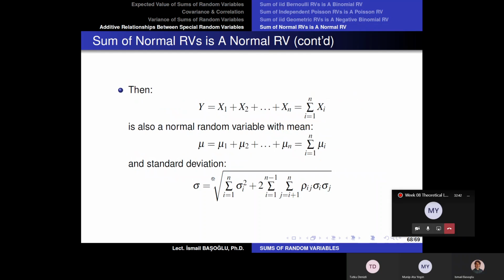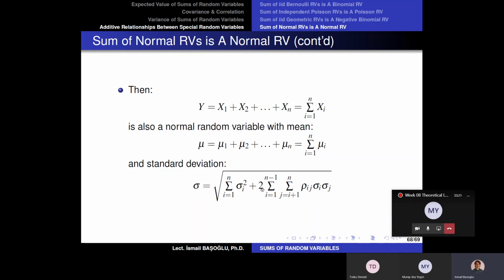And in that case, if we define Y as the sum of these normal random variables, then the location parameter of this sum is going to be equal to the sum of individual location parameters, the summation of mu 1 to mu n, and the standard deviation will be equal to the square root of the sum of the individual variances plus 2 times the correlation between each couple of random variables multiplied by their standard deviations. However, i is changing from 1 to n minus 1 and j is taking values greater than i.